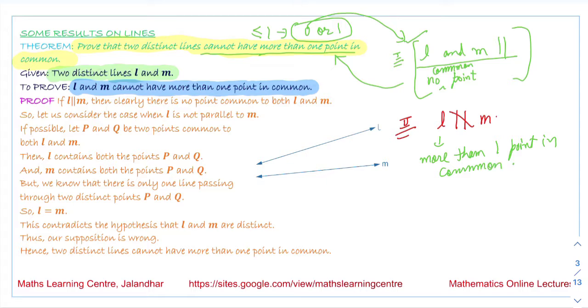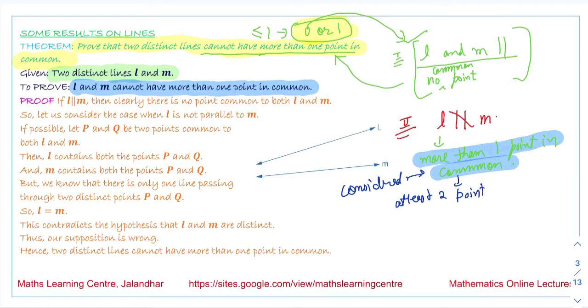We have to prove that it has either 0 or 1 point in common, but we have considered that it has more than 1 point, that is, at least 2 points in common. Let those points be P and Q.